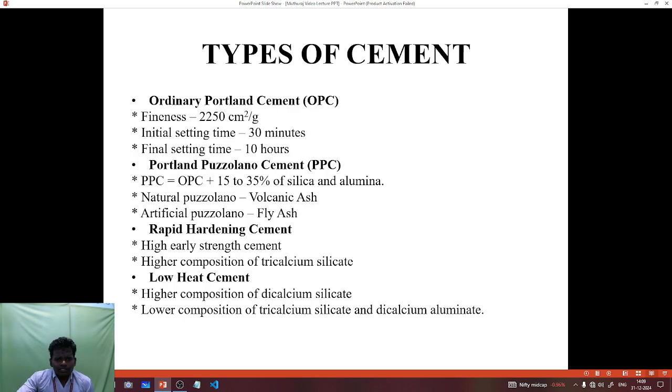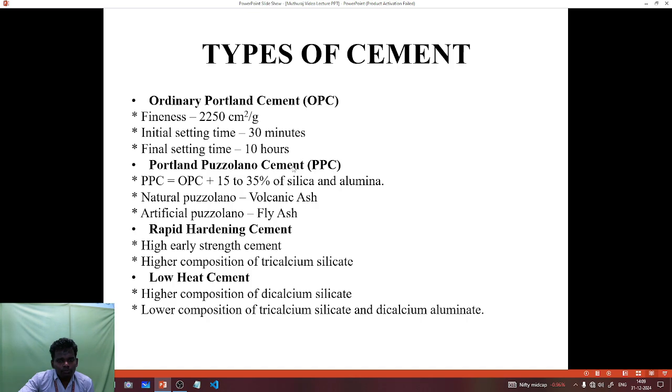There are many types of cements, but here we are going to see some important types. Ordinary Portland cement, abbreviated as OPC. The fineness of OPC is 2250 square centimeters per gram, the initial setting time is 30 minutes and the final setting time is 10 hours.